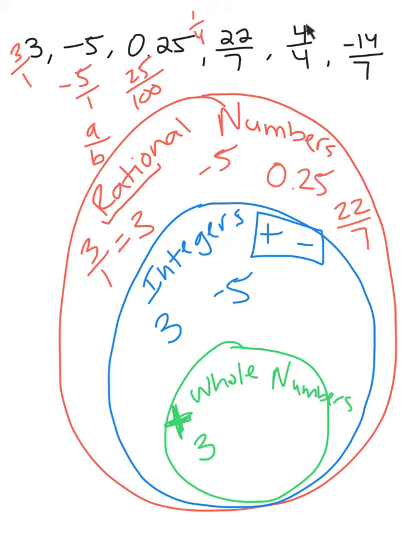I see 4/4 as my next number. It is already written as a ratio, so I know it is a rational number. So I have 4/4 in my rational numbers. Now, does 4/4 have to be written that way, in the form of A/B?